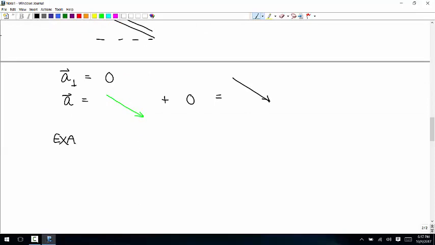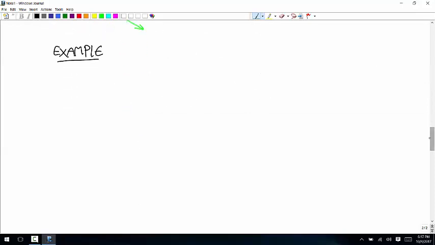Okay, so now let's say instead of rolling down a straight ramp, this ball's rolling down something like this.